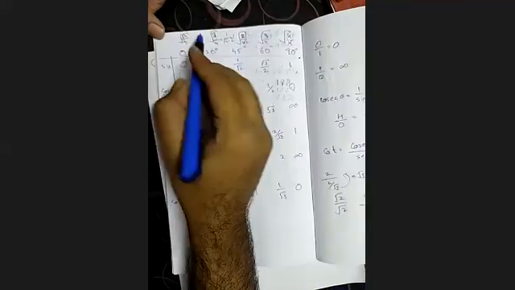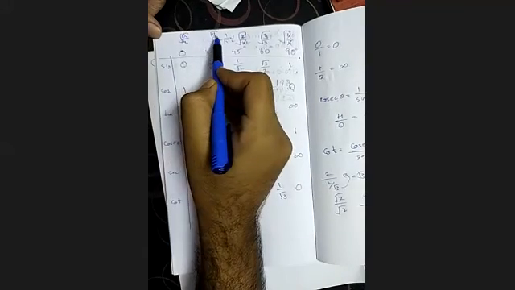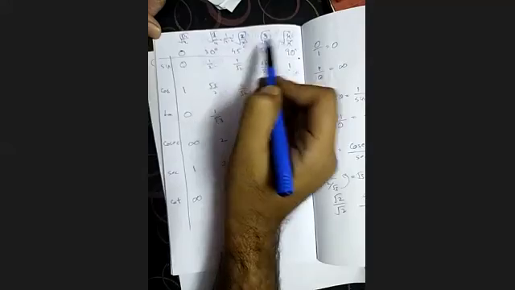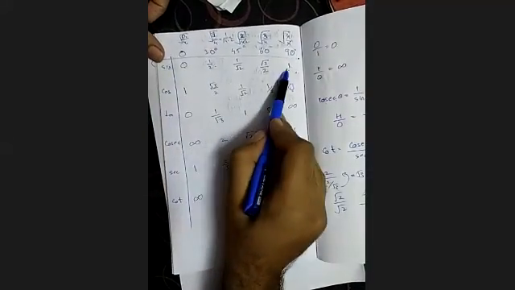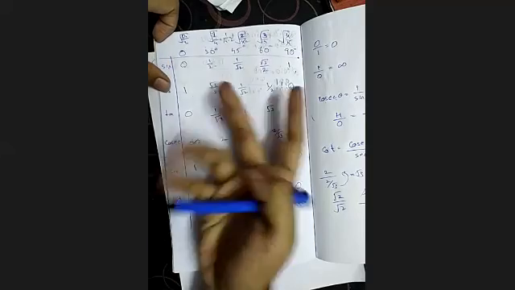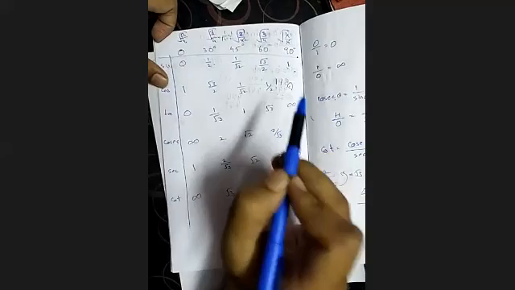So root of 0 by 4, root of 1 by 4, root of 2 by 4, root of 3 by 4, root of 4 by 4. We got these, we reversed it, and we got cos theta. We divided sin by cos and got tan.